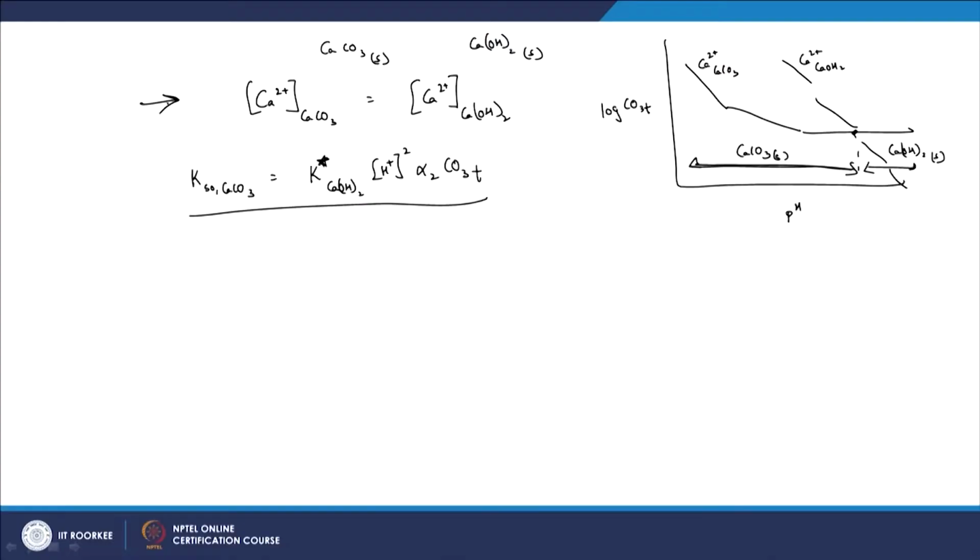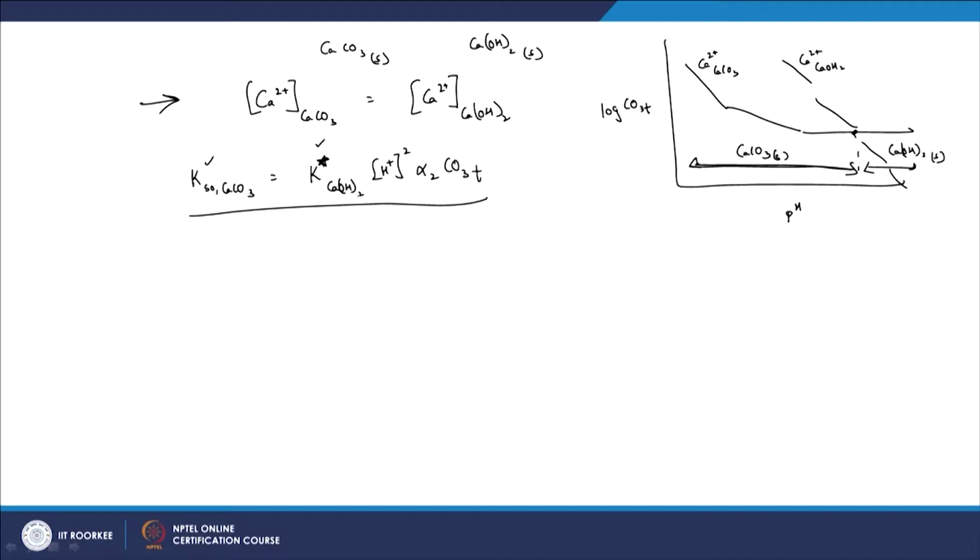So, now I have to figure out a way of breaking this down into sections where for a particular pH this is the solid that is going to predominate, and for another pH the other solid predominates. Let us see how we can go about that. For a given CO3 total, these two, the solubility product of CaCO3 and the modified solubility product for Ca(OH)2, are constants.